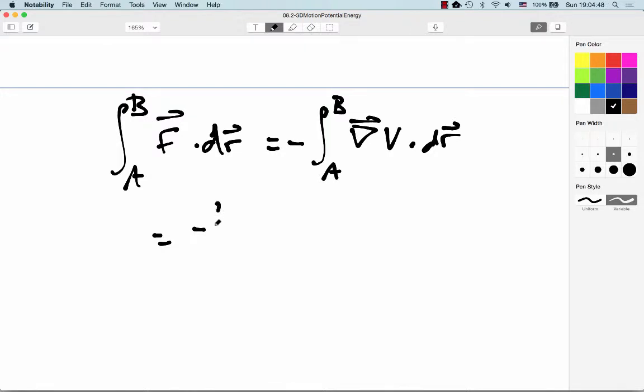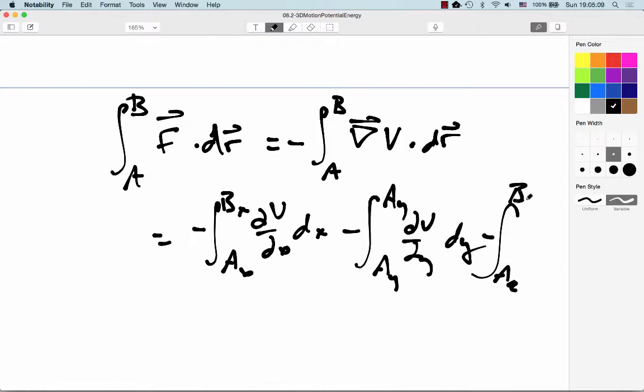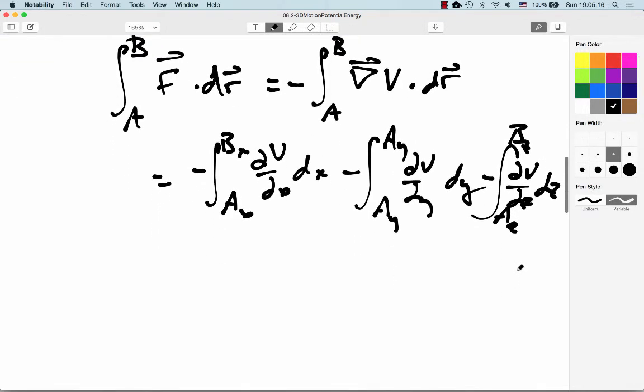This turns out to be minus the integral from a_x to b_x of partial V partial x dx, minus the same thing with y's, minus the same thing with z's. Okay.